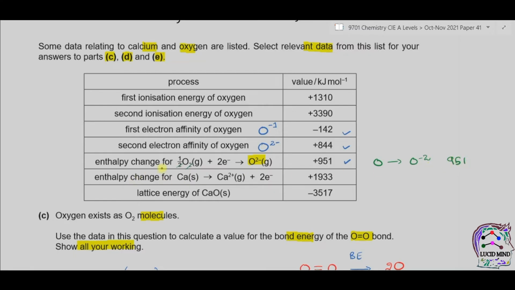Enthalpy change for calcium into calcium +2 is 1933. And lattice energy is also given for solid calcium oxide, which is -3517. So we can use these three values to calculate the enthalpy of formation.